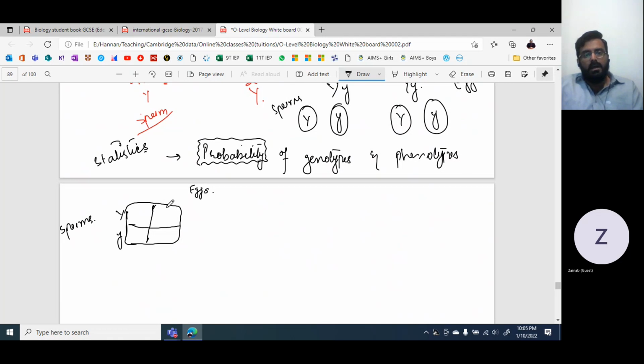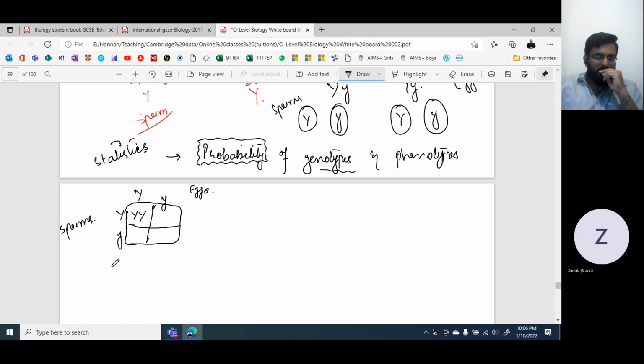Sorry, this is vertical. So, how many types of egg alleles are present in the eggs? Capital Y, small y. So, to guess the probability of fertilization and probability of genotypes, you will first cross capital Y with capital Y, capital Y, capital Y.